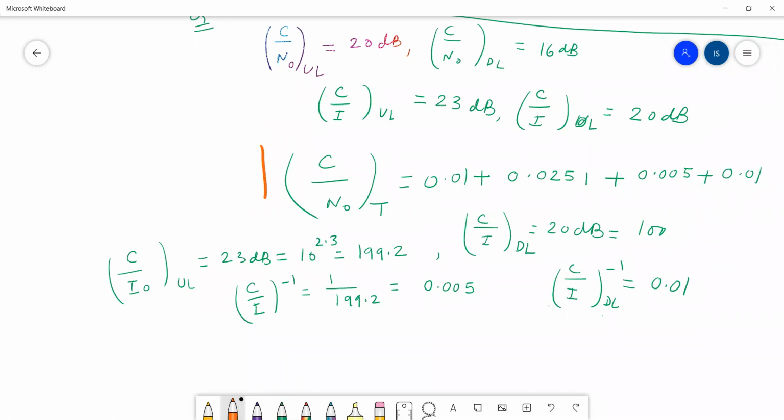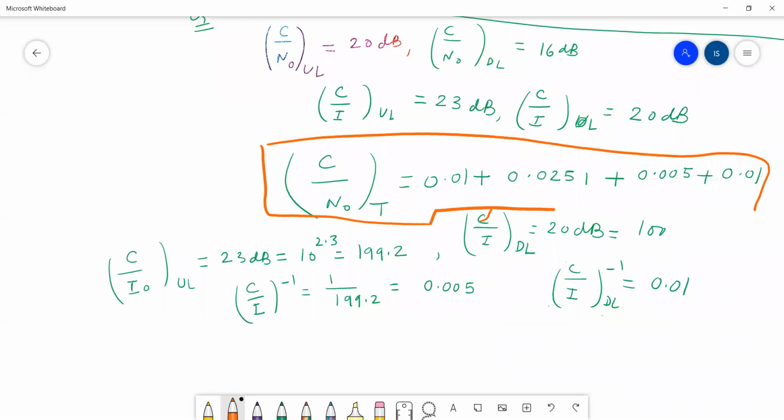Okay, so this is the total calculation, and this is actually the inverse.